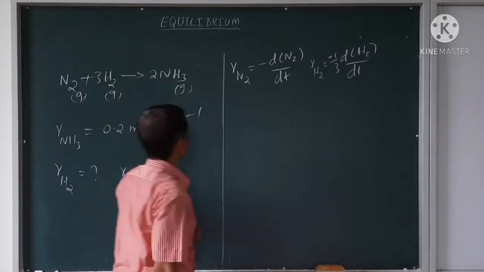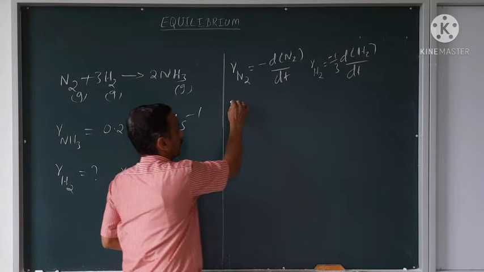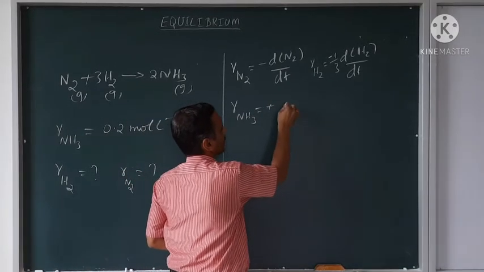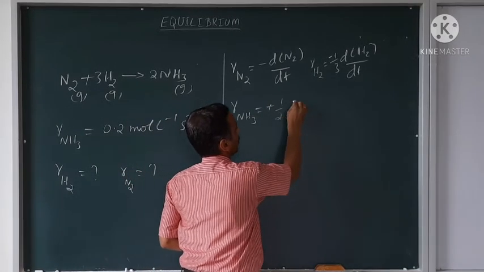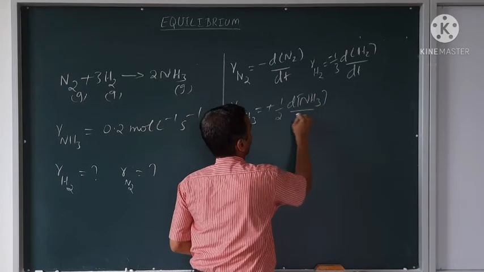Because there are 3 moles, I want for 1 mole, and R of ammonia is equal to plus 1 by 2 d of NH3 by dt.